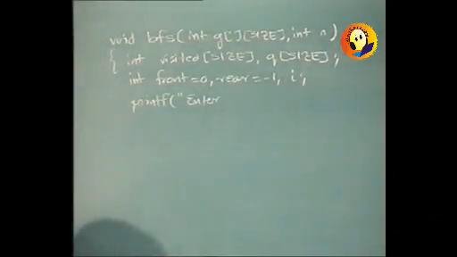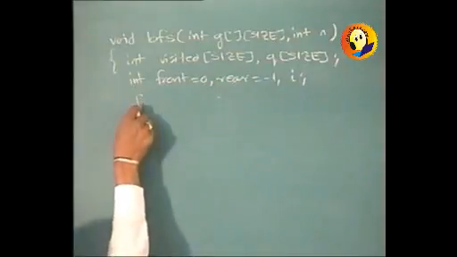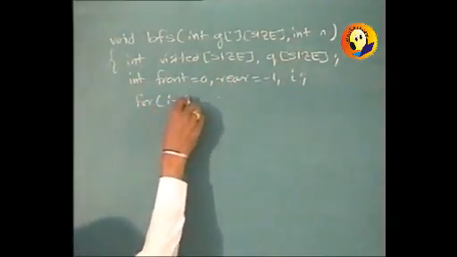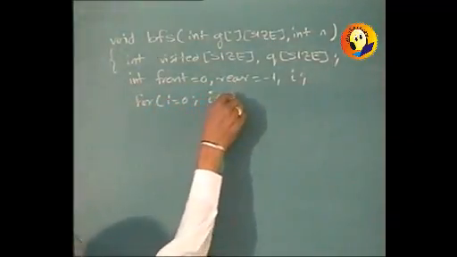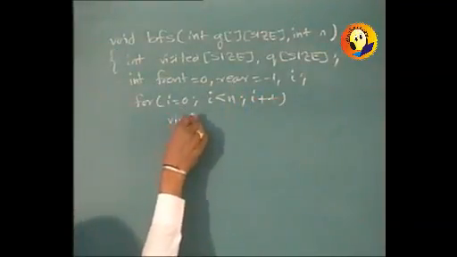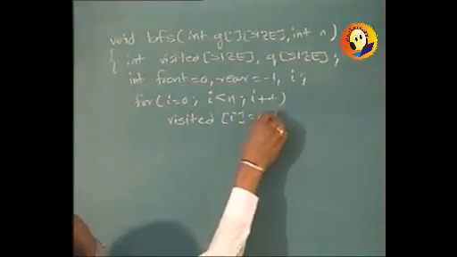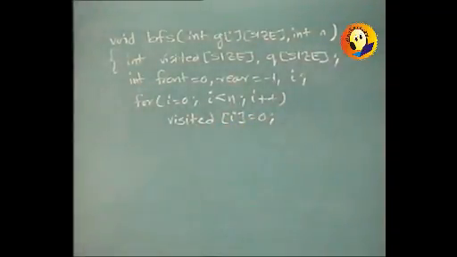Set visited to null or what? Okay, so we'll do that first. So it is for I equal to 0, I less than n, I plus plus, set none of the vertexes yet visited. So all visited are set to false.